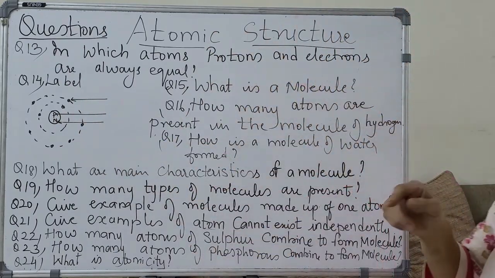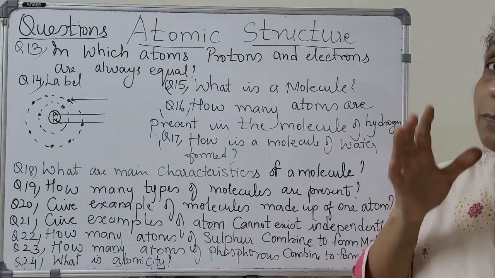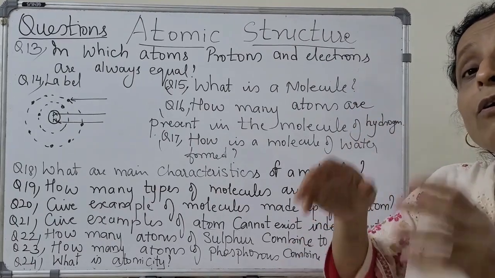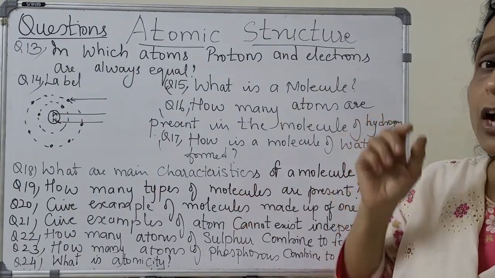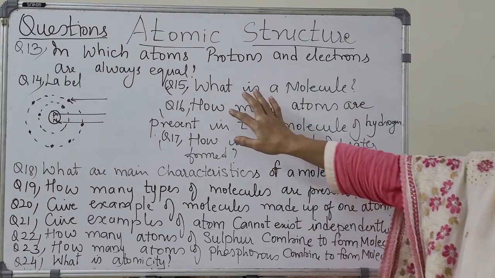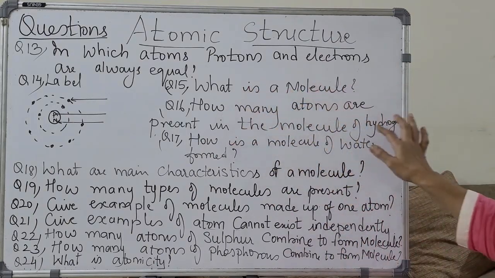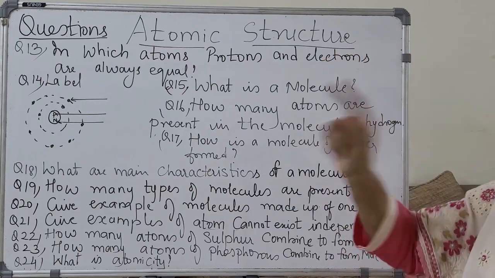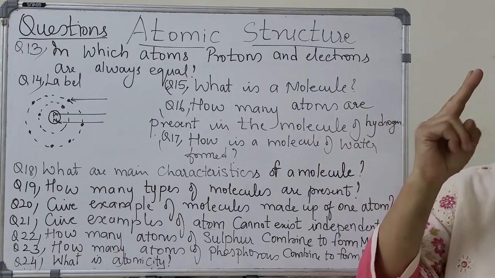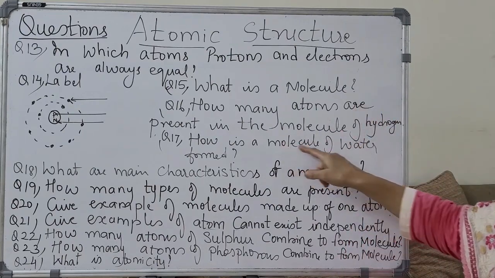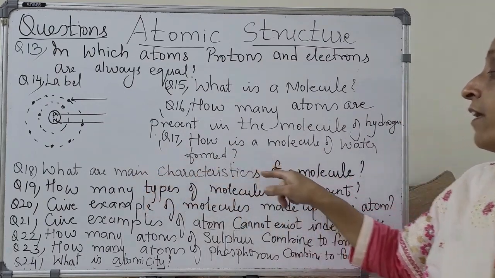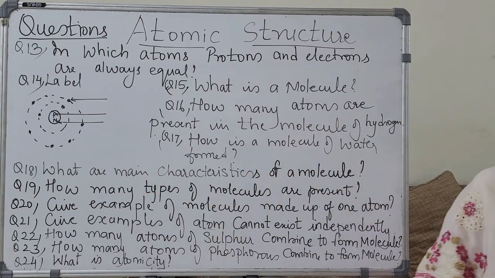What is a molecule? Molecule is the smallest particle of a pure substance, which is either an element or a compound. It is capable of independent existence. How many atoms are present in the molecule of hydrogen? 2, H2. How is the molecule of water formed? 2 hydrogen and 1 oxygen, that forms the water. What are the main characteristics of a molecule?